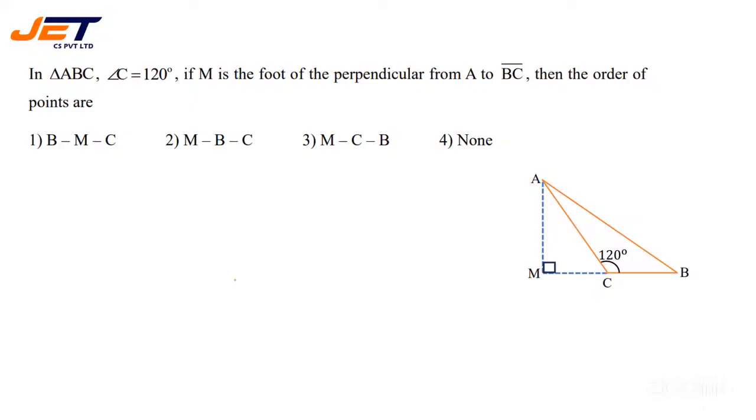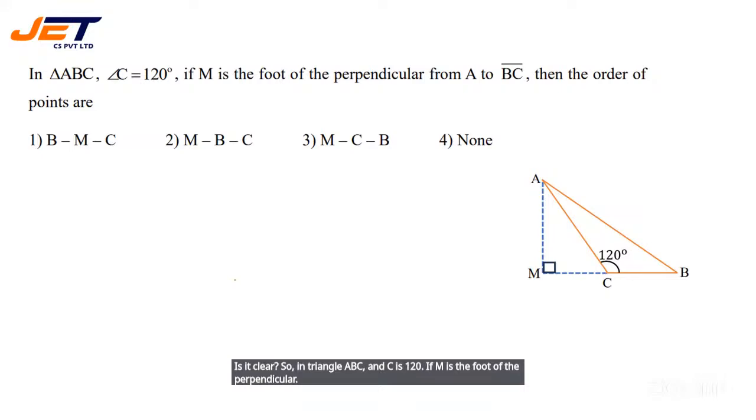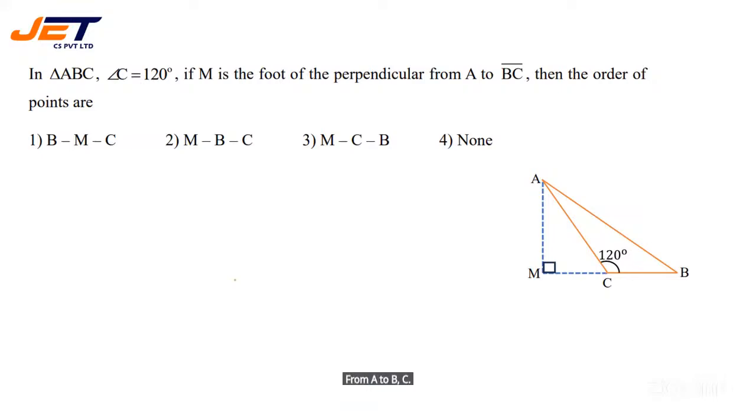So is it clear? So in triangle ABC, angle C is 120. If M is the foot of the perpendicular from A to BC, then the order of the points are B minus M minus C, M minus B minus C, M minus C minus B, or is it none?